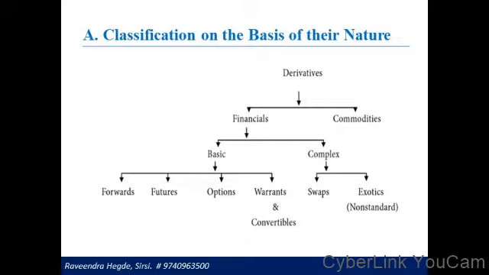In a commodity derivative, the underlying instrument is a commodity which may be wheat, cotton, pepper, sugar, jute, turmeric, corn, soya beans, crude oil, natural gas, gold, silver, copper, and so on.